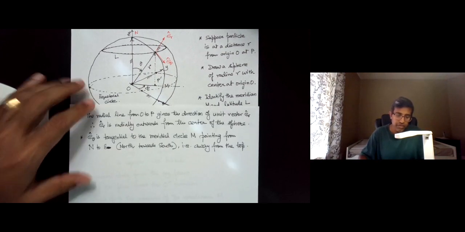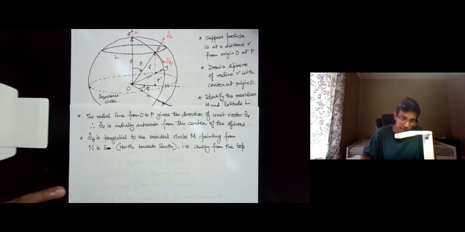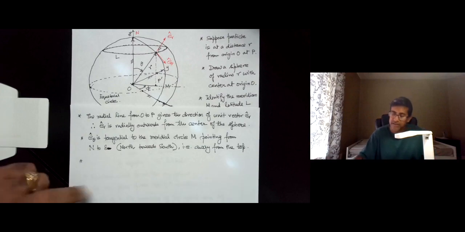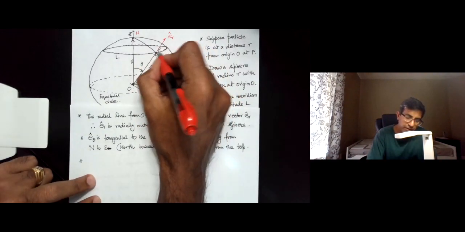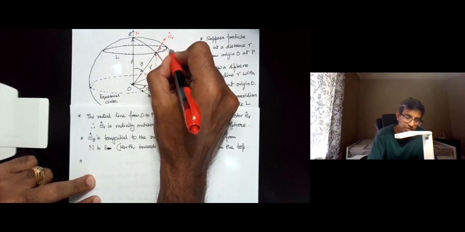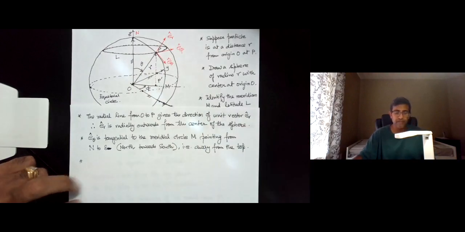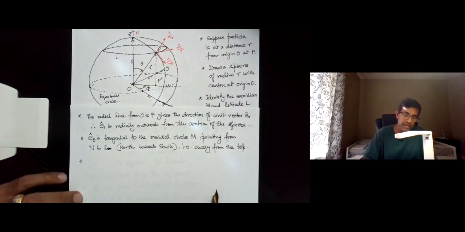Then we make a note about E phi. We need 3 unit vectors. Now the third unit vector, E phi, is going to be tangential to the latitude circle, okay, to the L circle.